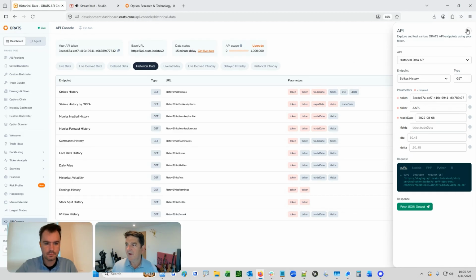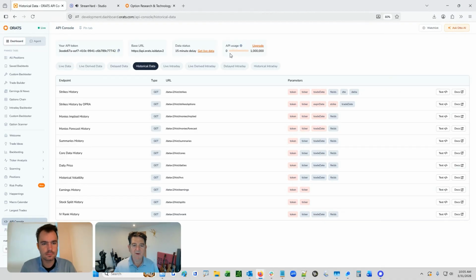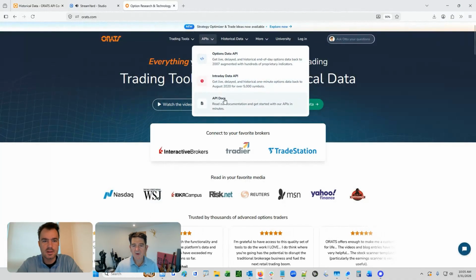So it's a very nice way to see, test, and access the data. Yeah, the API console is great. We have very robust docs as well.